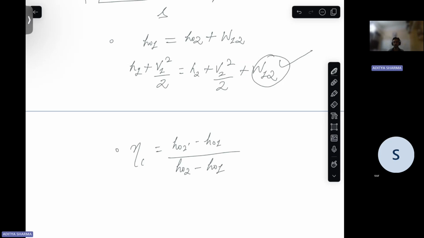So this basically is the isentropic efficiency of your compressor.